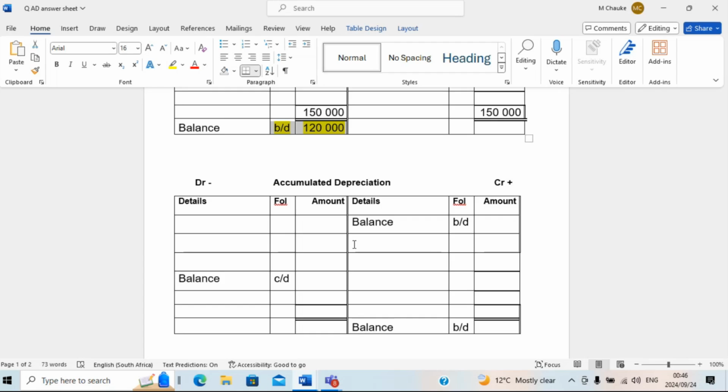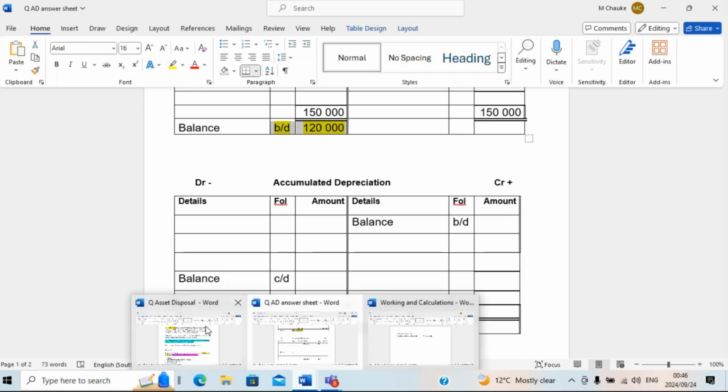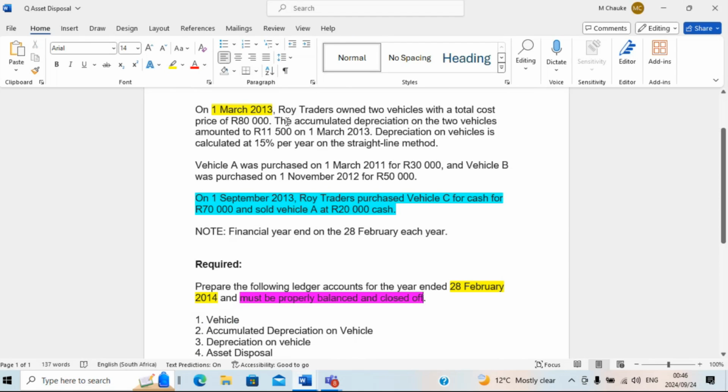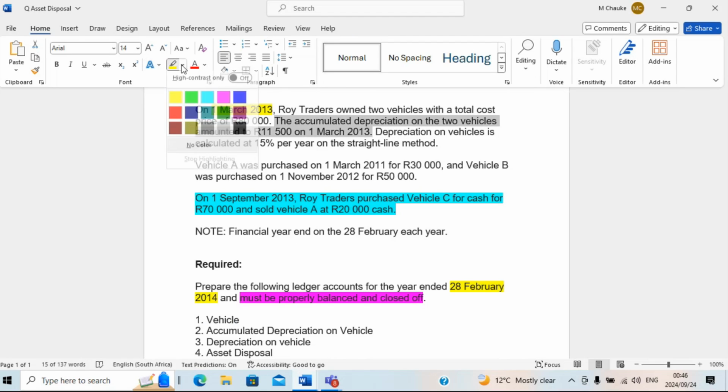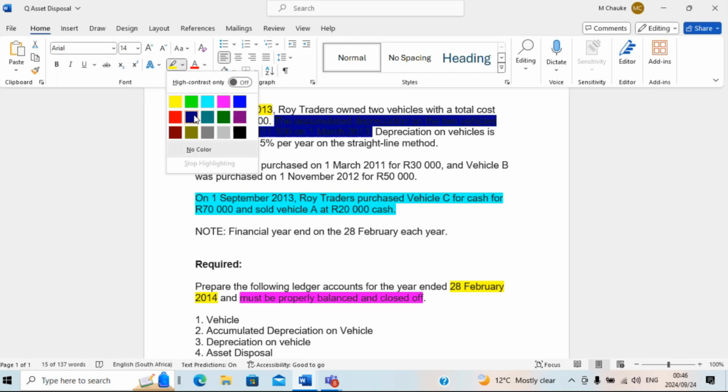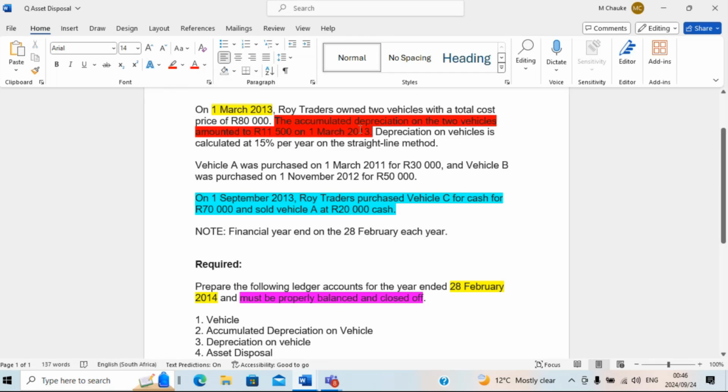So now let's go and check the question again. I just want to show you something there on the question. On this statement, they say the accumulated depreciation on the 2 vehicles amounted to 11,500 on the 1st of March 2013.